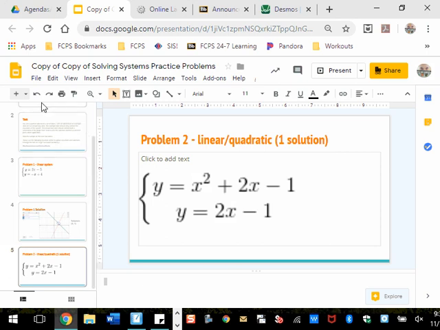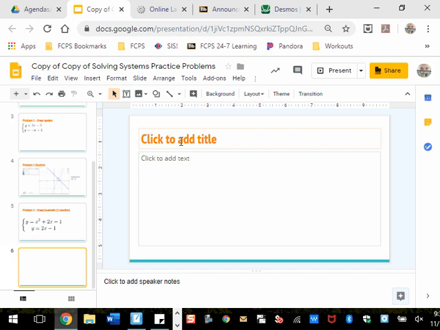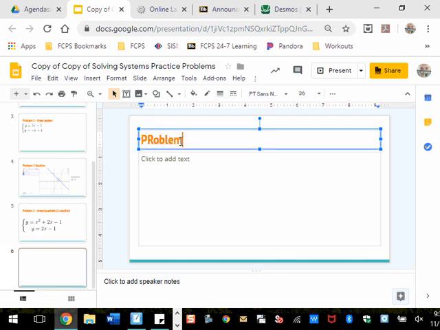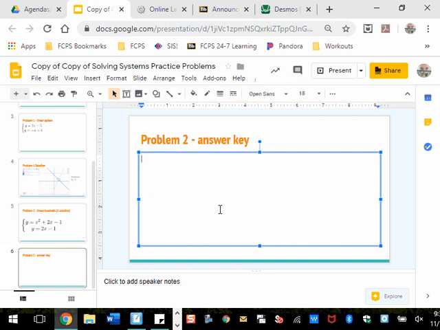Alright? Then you guys need to create another slide. This is going to be problem 2 answer key. Or solution, you could do either answer key or solution, it doesn't really matter. This is where you guys are going to take a screenshot of the graph and drop it in here, and then physically write down what the solution would be.